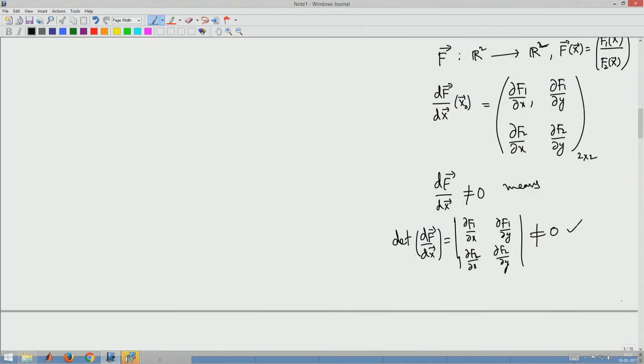So, if it is a function from R2 to R2, the derivative is a 2 by 2 matrix, and it is non-zero means the determinant has to be non-zero.